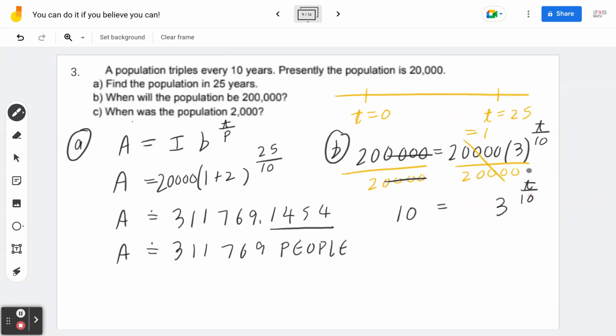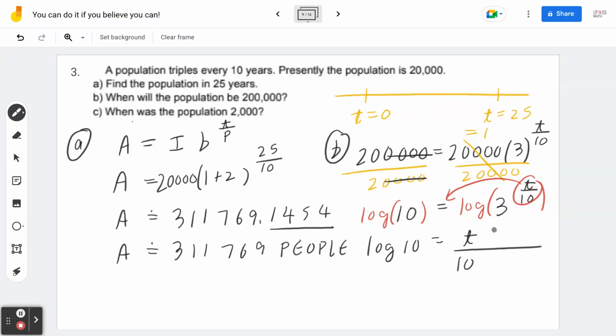So now you go back and you want to solve for the exponent. And the only way to solve for the exponent is by taking the log of both sides. So again, one of the properties of a logarithmic function, and there are 8 properties, but the one you're responsible for is the exponent can be brought to the front. So again, log 10 equals t divided by 10 times log of 3.